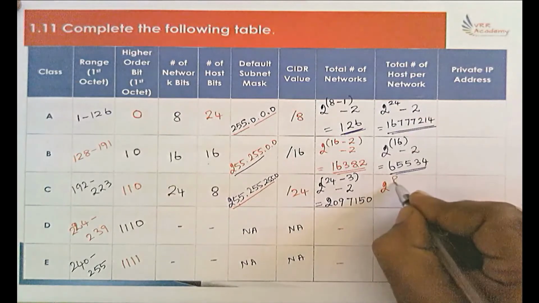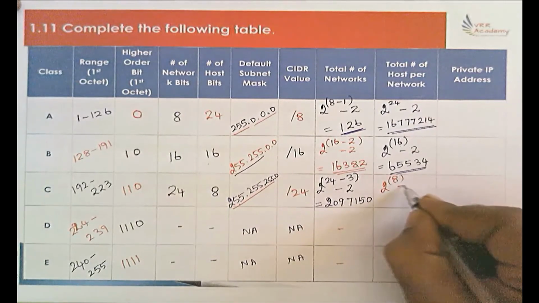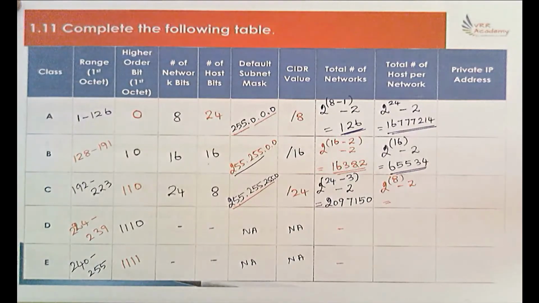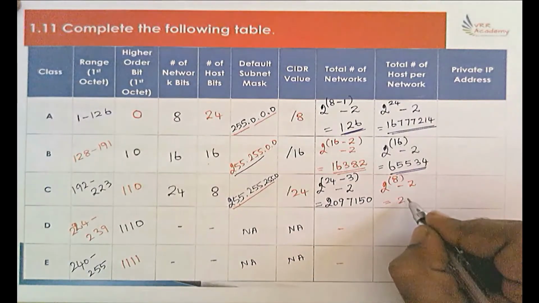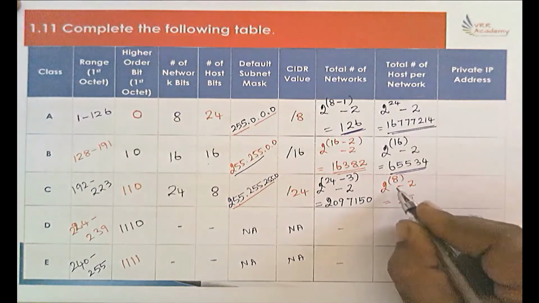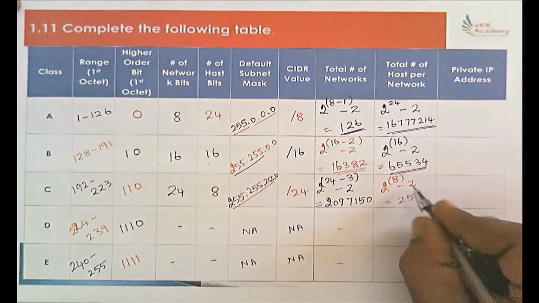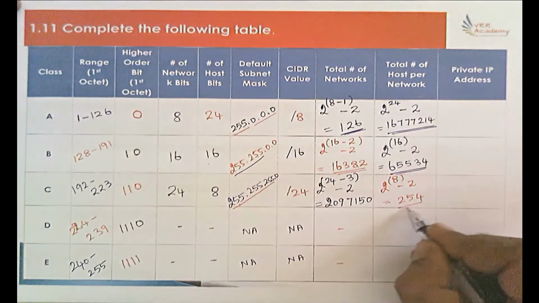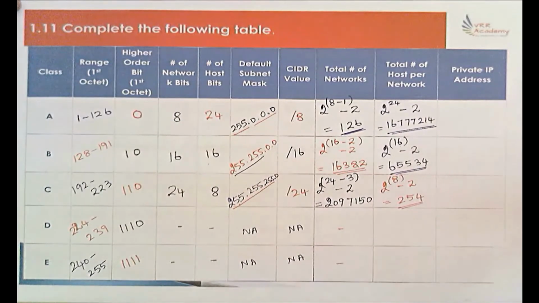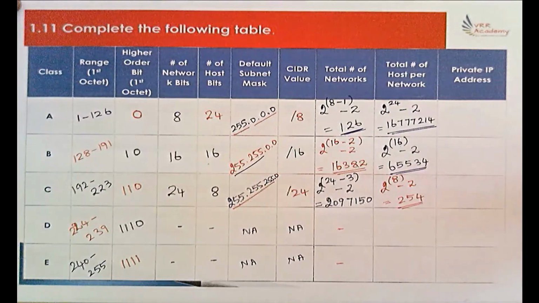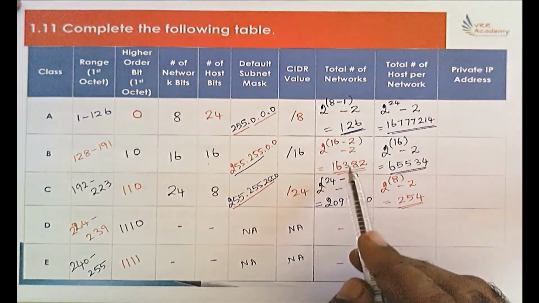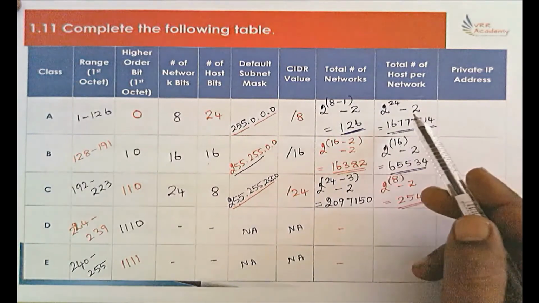So 2 to the power of 8, which is 256, minus 2, is going to be 254. So you can have 254 hosts in each network. So you can understand the power of IPv4. We discussed the total number of networks in each class and how many hosts in each network.